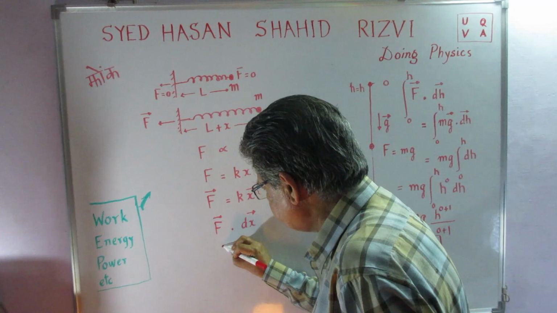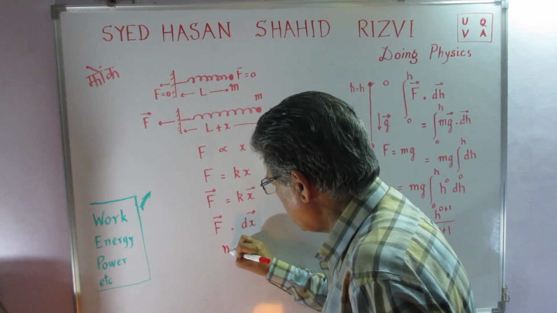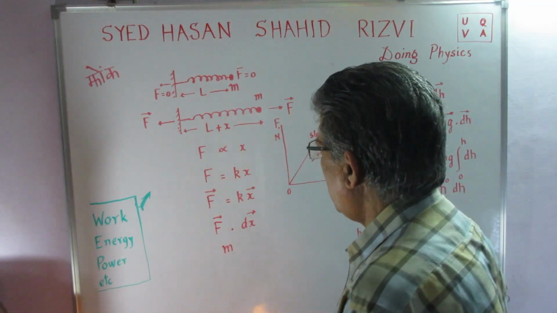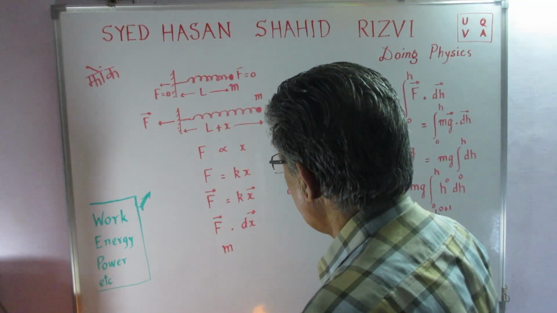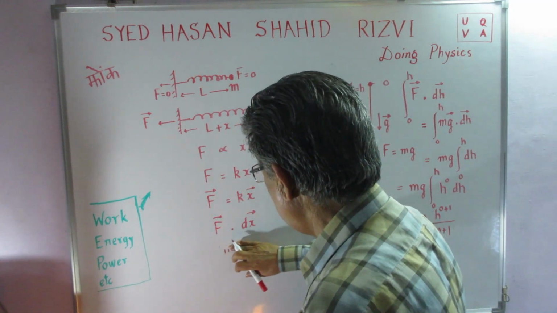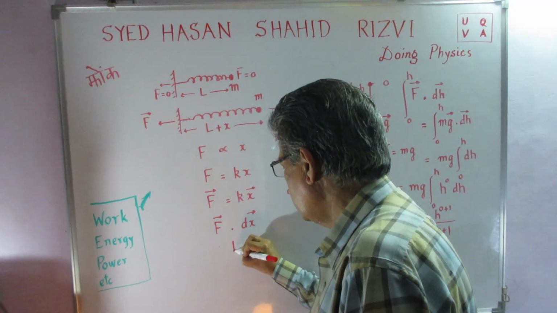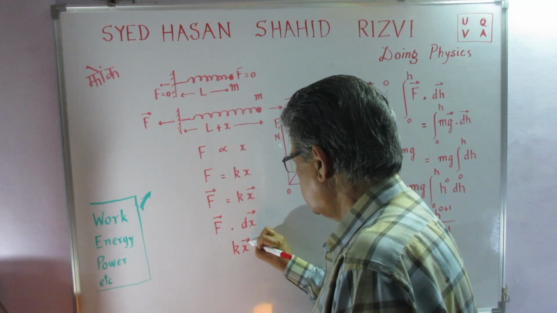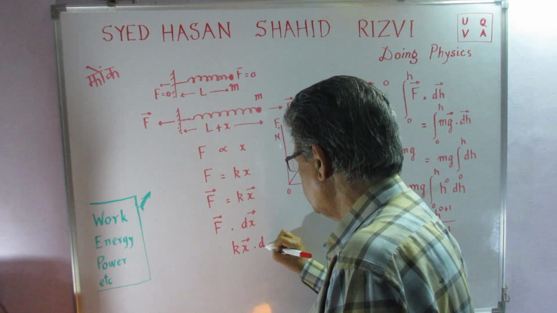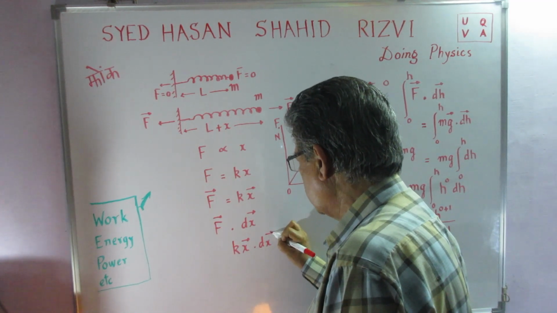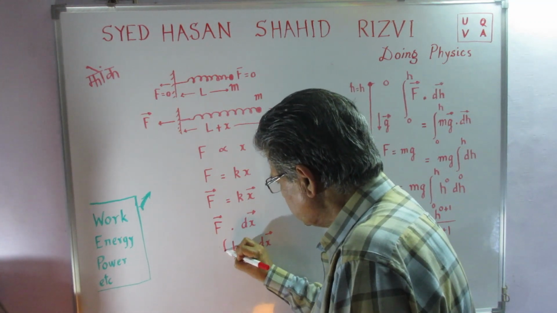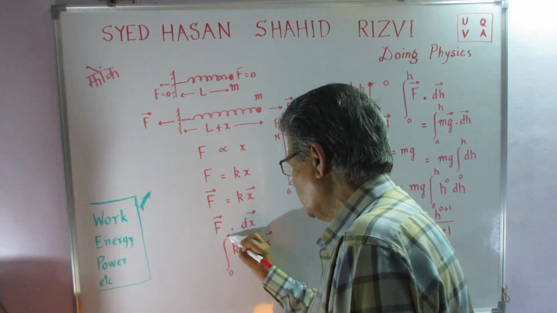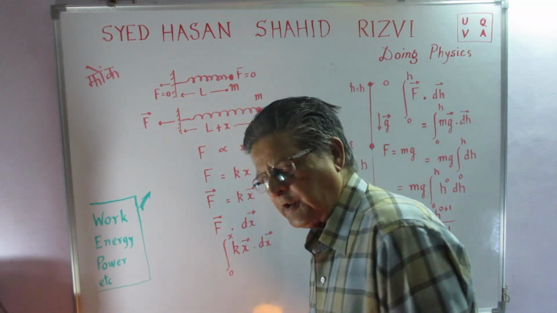Okay, so this will be kx dot dx, F dot dx, and if I have to integrate, I'll tell you how the integration takes place between the limits, again 0 to x.